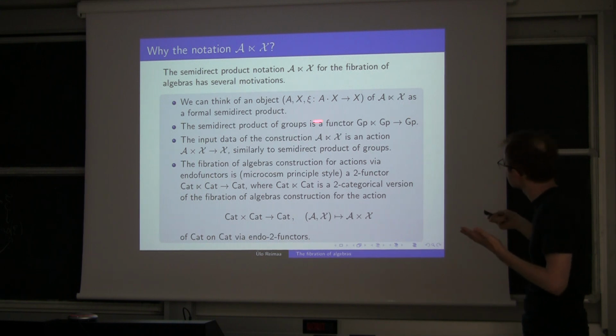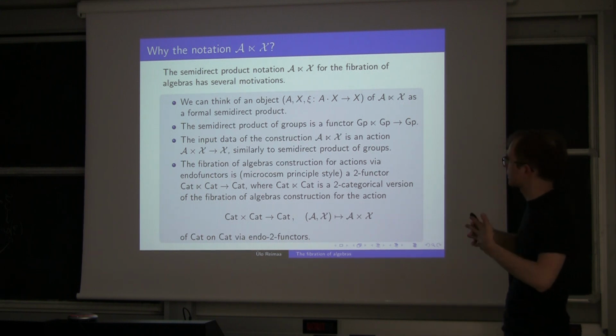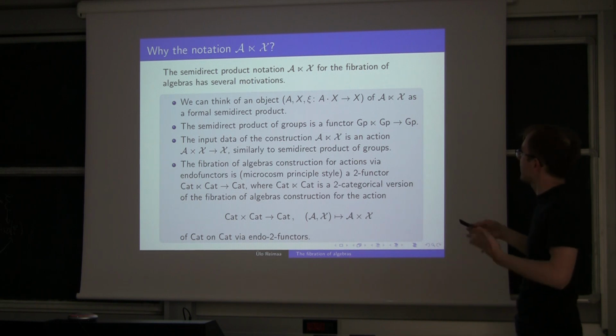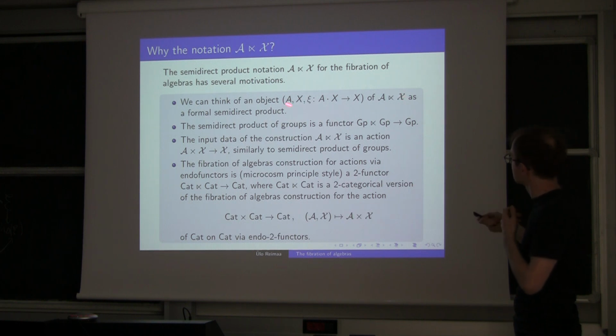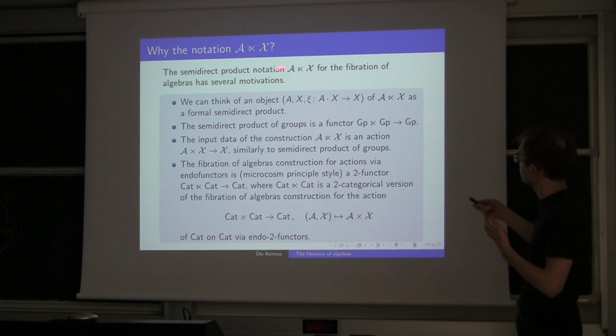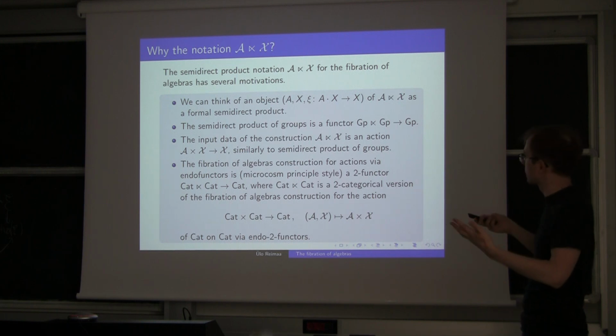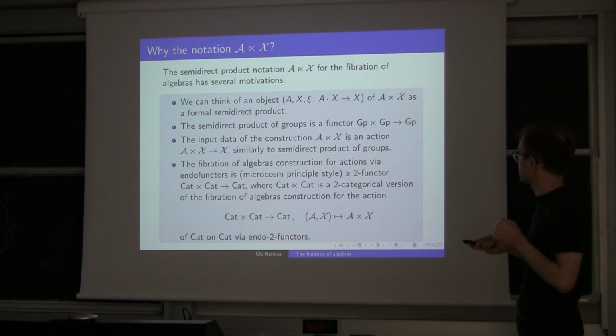So let's think about this piece of data as the formal semidirect product, like this actual object as, let's say, a single object of some, let's say, A or X may not correspond to this in any direct way, but as a formal piece of data, this encodes the version just fine.